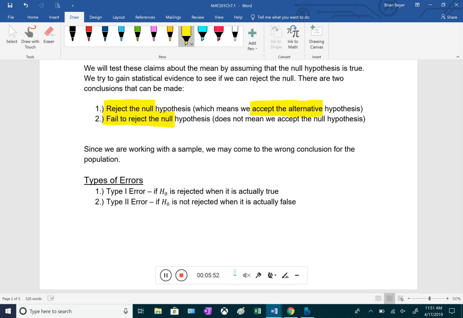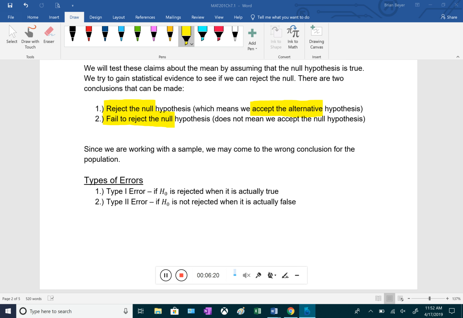If we fail to reject the null, that does not mean we can accept the null hypothesis. So we either reject the null and accept the alternative, or we fail to reject the null. Failing to reject the null does not mean that we accept the null. The terminology is a little bit confusing there, but it's really important.